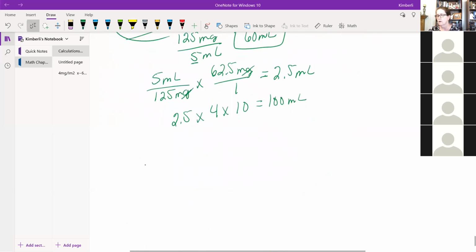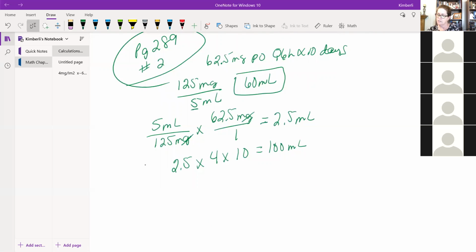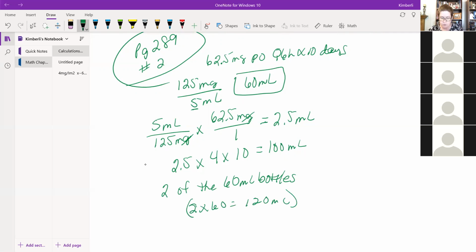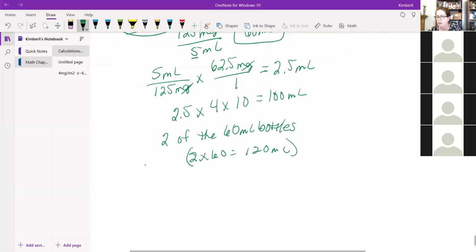So here, the bottle comes as 60 milliliters, so we're going to give them 2 of the 60 ml bottles. So that's going to end up being 2 times 60, which is 120 milliliters, right? So the answer to the question, how many bottles, would be 2 bottles, right?